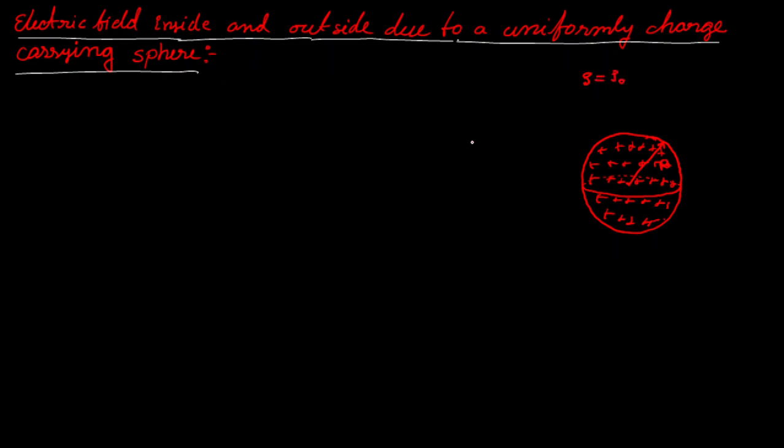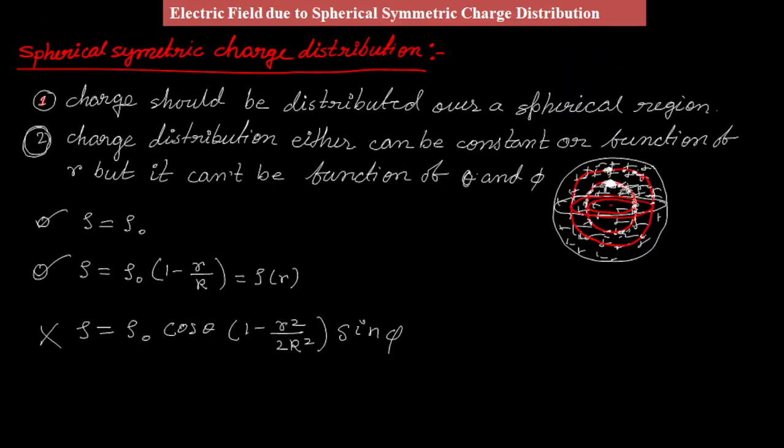Okay. So before solving for the electric field using Gauss law, you have to check whether this charge has spherical symmetry or not. As we have noticed, in order for a charge distribution to qualify as spherically symmetric, for the first condition, charge should be distributed over a spherical region.